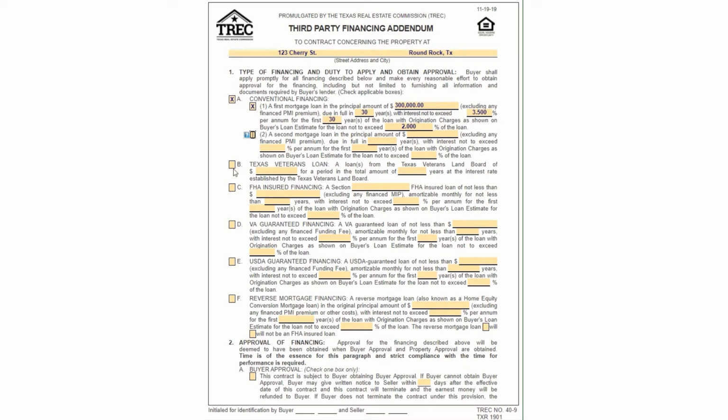So then we're going to go down here and just take a quick look. We have a Texas Vets loan. These are for veterans in the state of Texas. They don't have to be from Texas. They do have to be a veteran. There's some other requirements, so you want to check that out. We have an FHA insured financing. This is common for buyers who don't have a lot of cash, may not have as high of a credit score as what it might take to get the conventional financing.